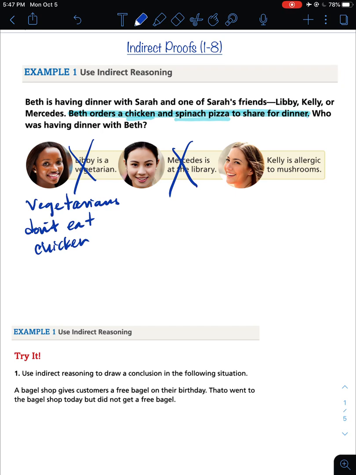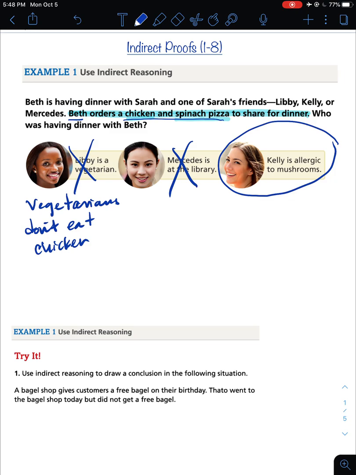They tell us that Kelly's allergic to mushrooms. It wouldn't be Kelly if the mushrooms were on the pizza, but we have chicken and spinach pizza, with no mushrooms in it. So we can assume that Kelly is the one at dinner, because it can't be Libby unless Beth is a jerk and ordered chicken, which we're going to assume she didn't. We're assuming Beth is a nice person who wants to make sure everybody eats. And it can't be Mercedes because she's somewhere else.